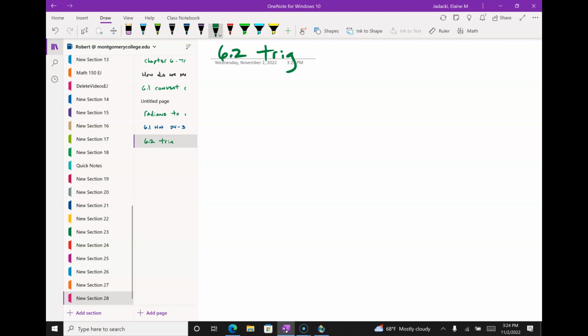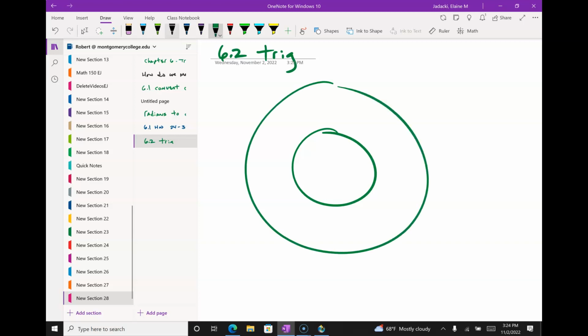So if I have my two circles of different sizes, and I draw my right triangle with the radius, and there's theta, I have a right triangle here and a right triangle here.